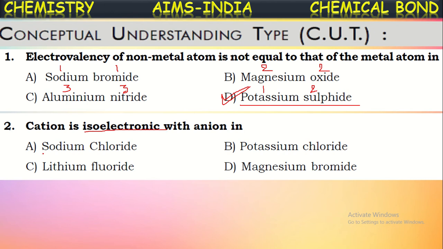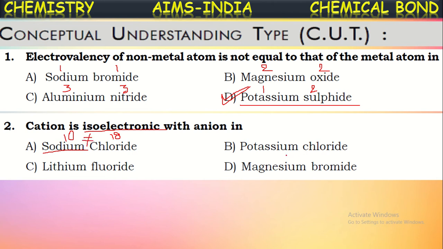See here, sodium ion in sodium chloride has 10 electrons because sodium has 11 electrons, and in the ionic bond formation it loses 1 electron, and hence it remains with 10 electrons. What about chloride ion? Chlorine atomic number is 17, and the chloride ion has 1 extra electron. In total it is 18. So they are not equal here.